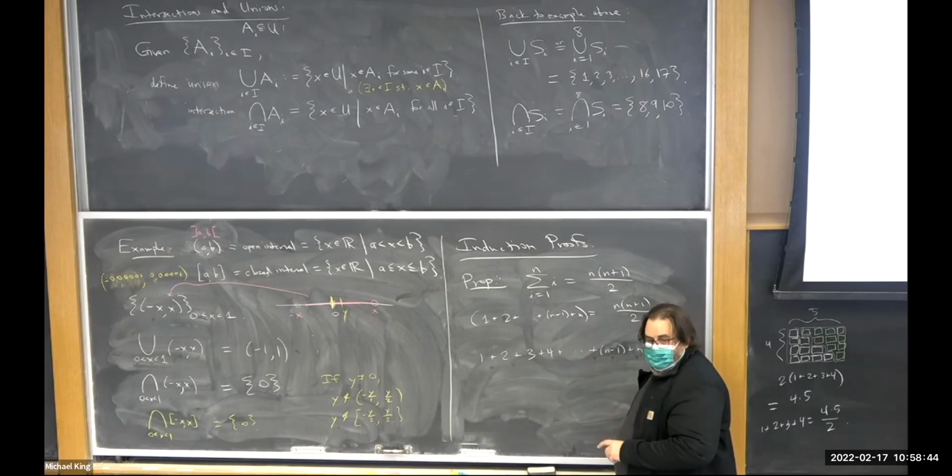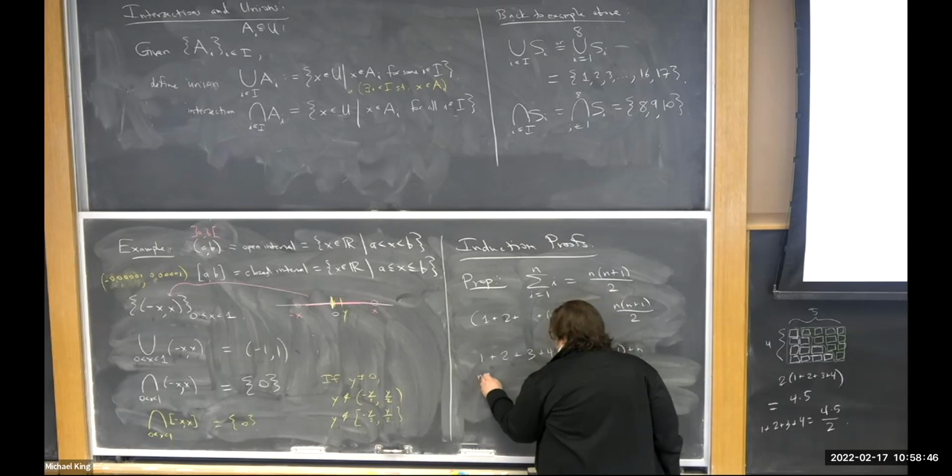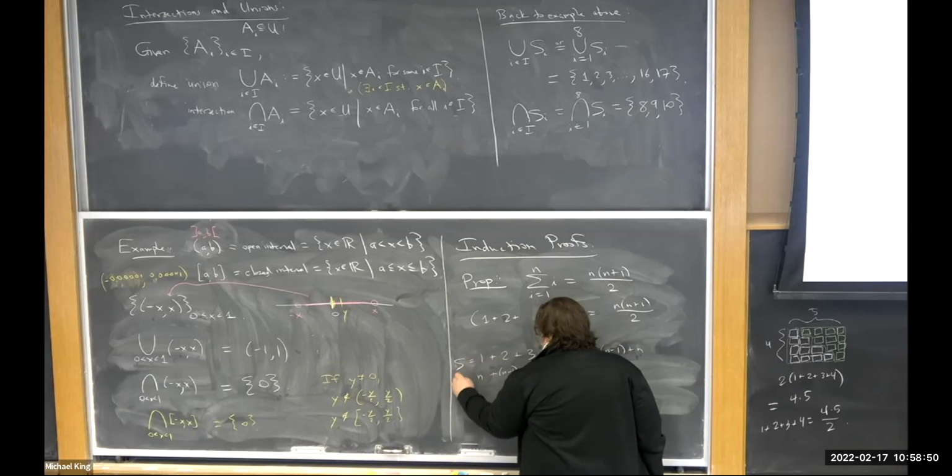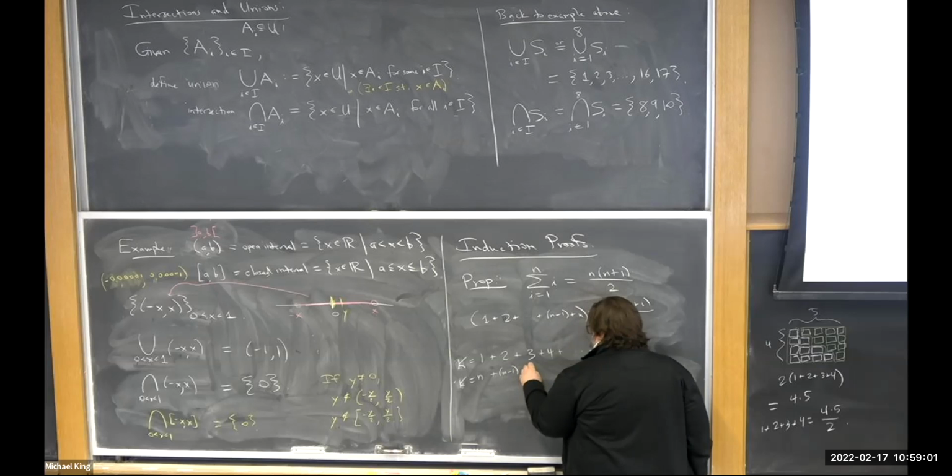A version of what you just said though is I can rewrite. If this is S, and here I mean sum S, not set S. No, K, let's just call this K. If this is K, I could rearrange it this way.